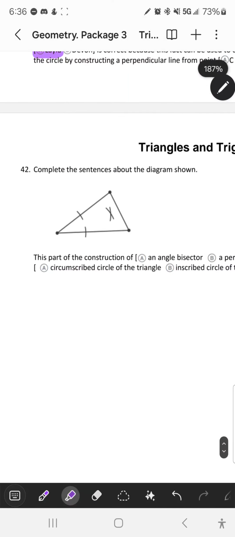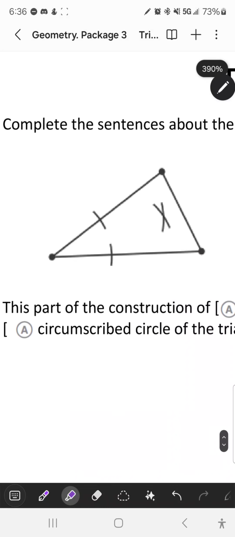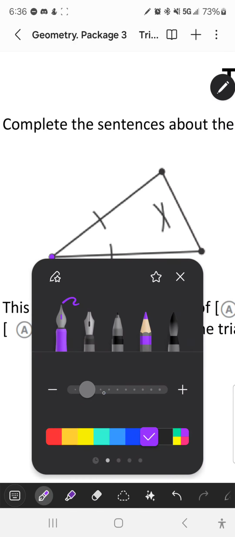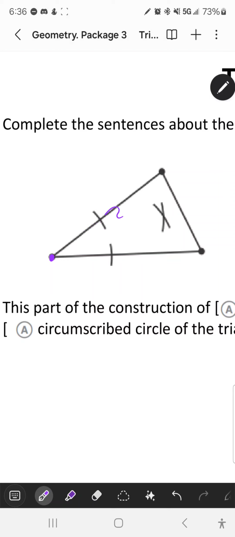Complete the sentence about what the diagram shows. I already spoke about this, I think, 4, 5, 6 weeks ago, so it's pretty long ago. This is clearly the figure of an angle bisector, because we put the compass here with a random width, like 1/3 of the whole side.